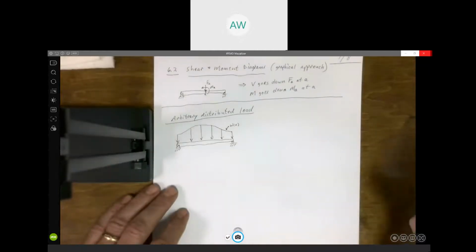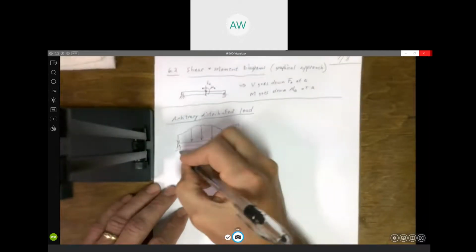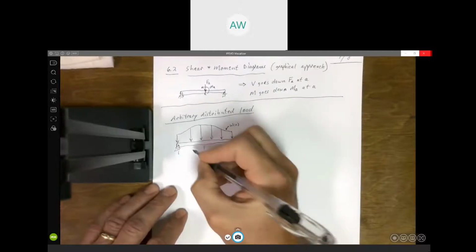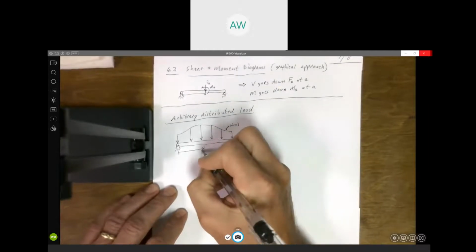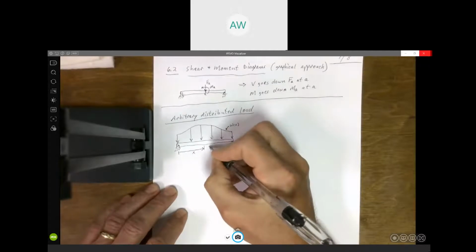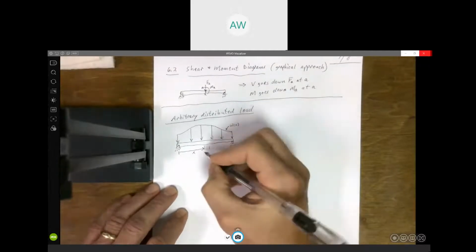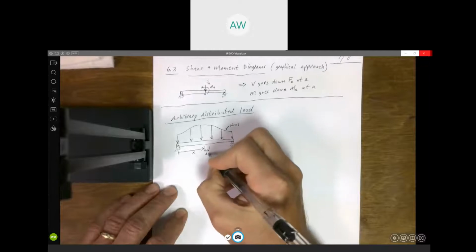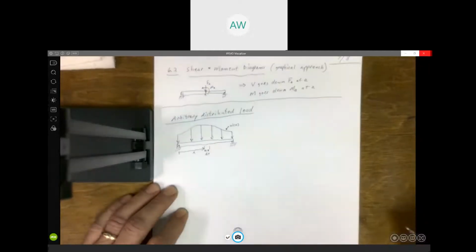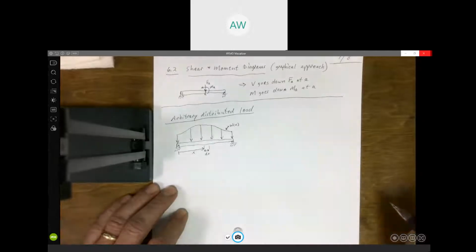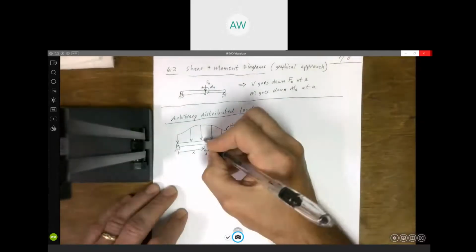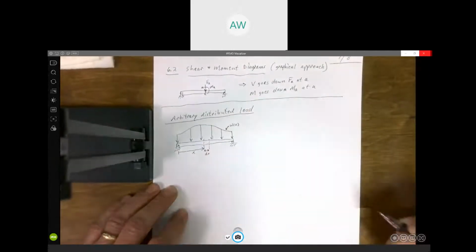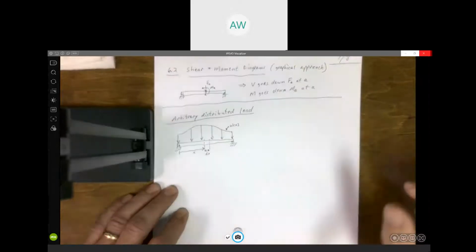And what we want to do is come out here some arbitrary distance x and cut some little infinitely small section of this beam. It's got some length, what we'll call dx. Right, so we're going to cut this beam, and we're going to look at this little section of the beam.